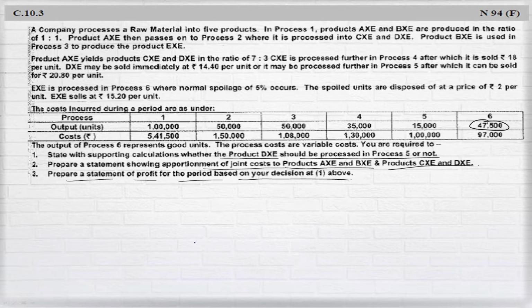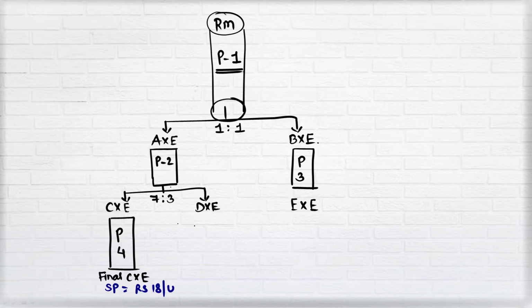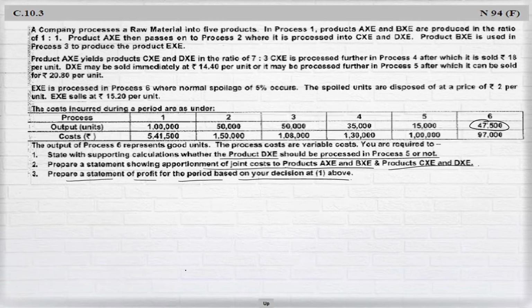DXC may be sold immediately at 14.40 per unit. Where is DXC? Yes, the selling price will be 14.40 per unit. Or it may be processed further in process 5.